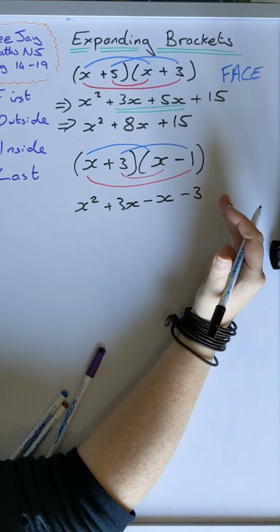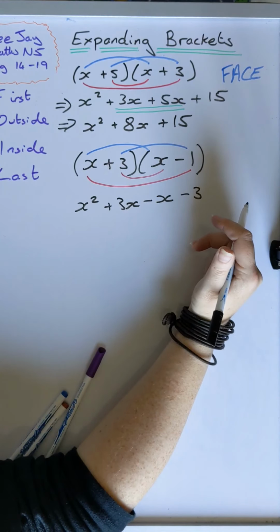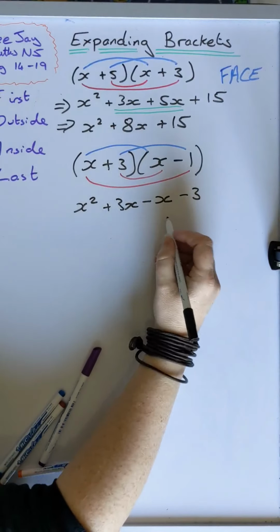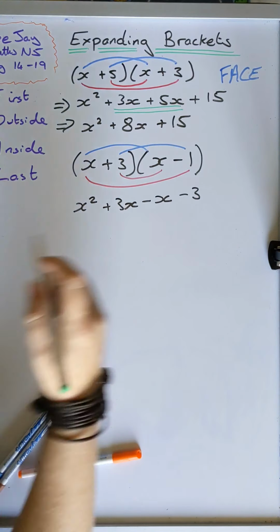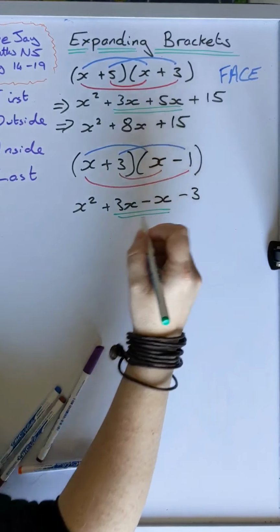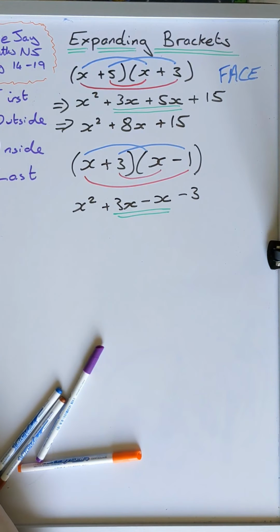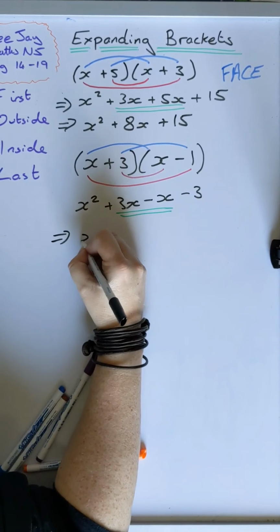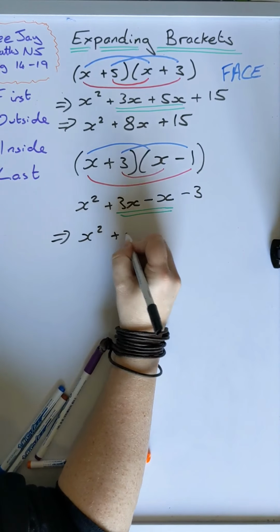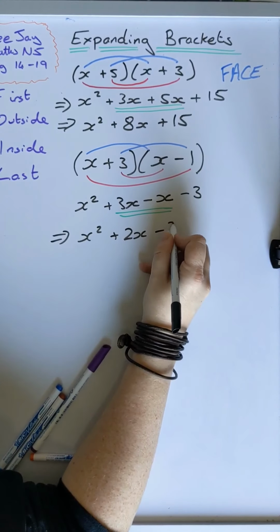Remember, a positive times a negative becomes a negative. And again, we need to tidy this up. So we have got 3x minus x. We have got x squared plus 2x minus 3.